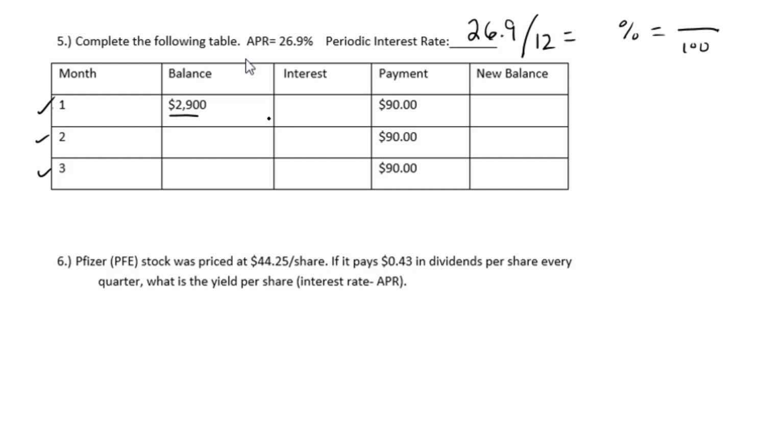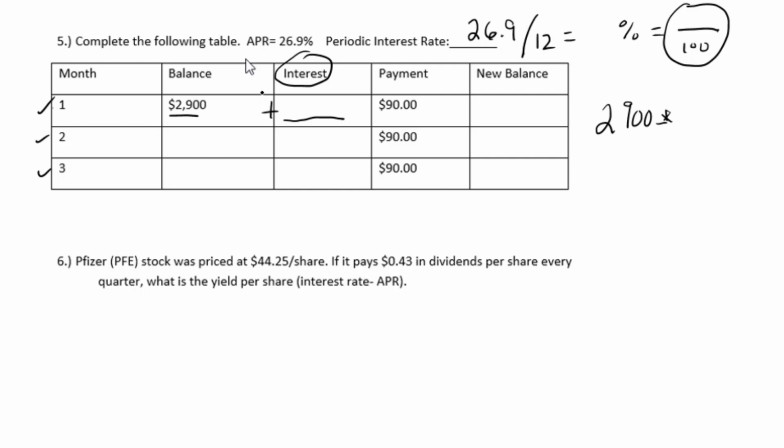So you want to find the interest for the first month. And you would do that by taking 2,900 and multiplying it by this rate here. And then you would add those two, because this is what you have to pay the bank for the privilege of borrowing the money.